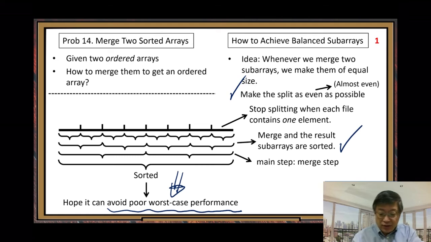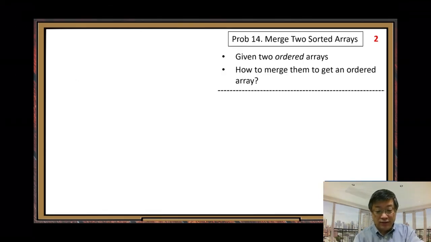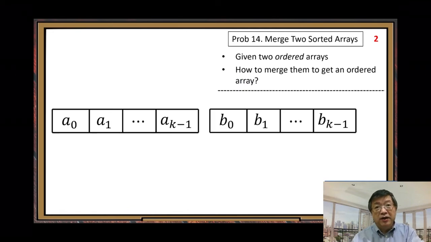All right. So next, we focus on the merge step. If we solve it, we're almost there. All right. So let's go to the next step. Next step, I just use a diagram. A array, A subarray, B subarray, they have the same number of elements.